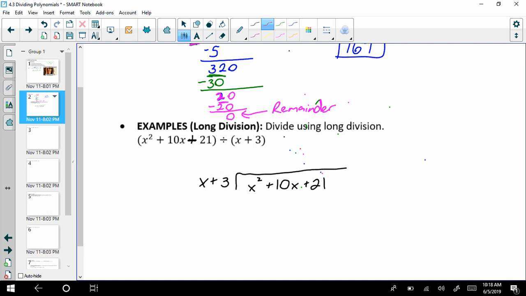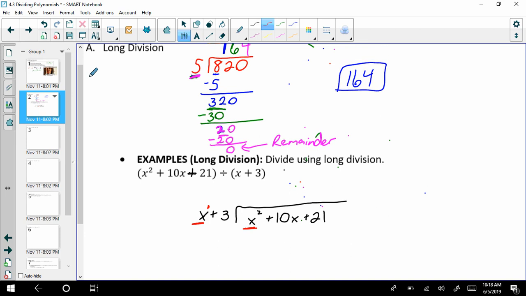I want you to focus on the leading term, the term with the highest exponent, in this case x to the first, and I want you to focus on the leading term inside the division, the x squared. So what we are going to do is divide. Just like up top when I did 5 into 8, I basically took 8 divided by 5.